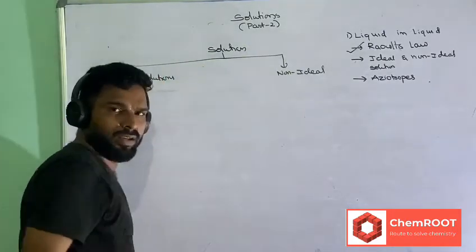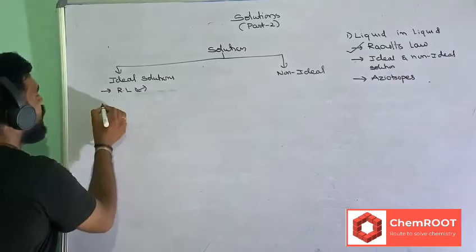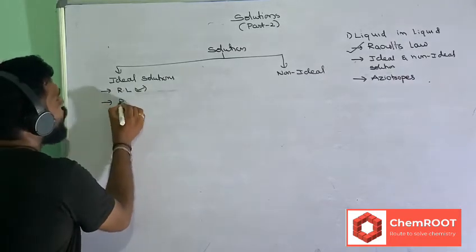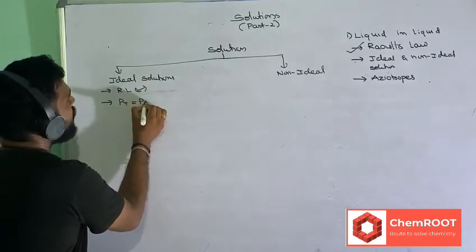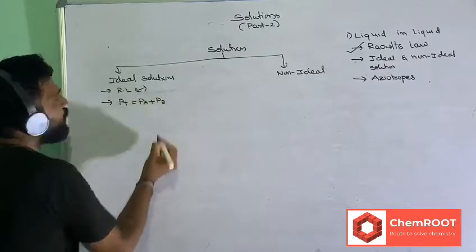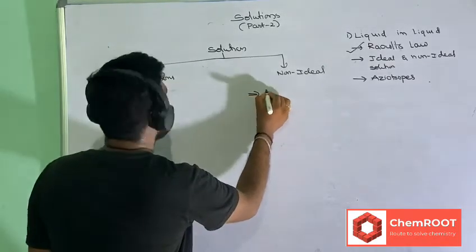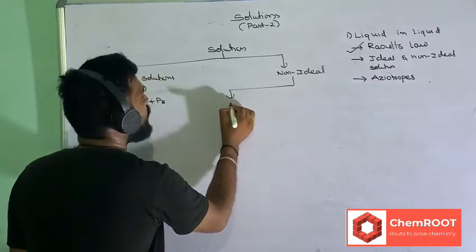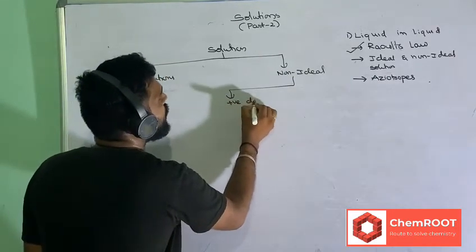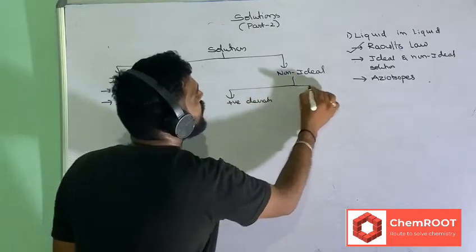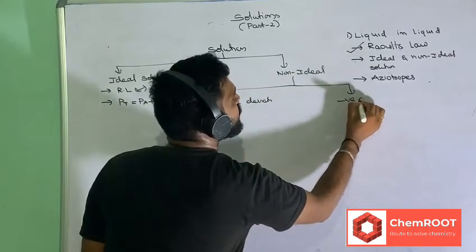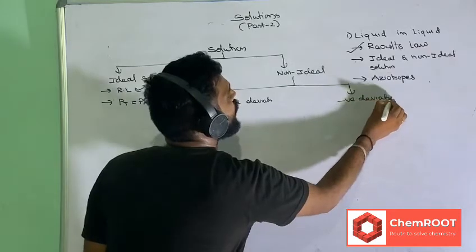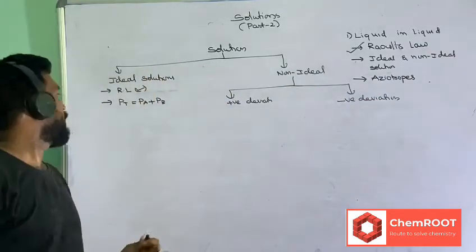Non-ideal solutions do not obey Raoult's law, and in this case P total will not be equal to PA plus PB; P total will decide whether it is a positive deviation or negative deviation.